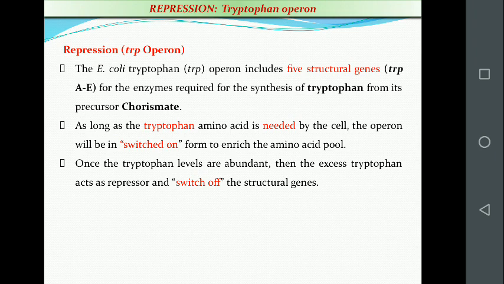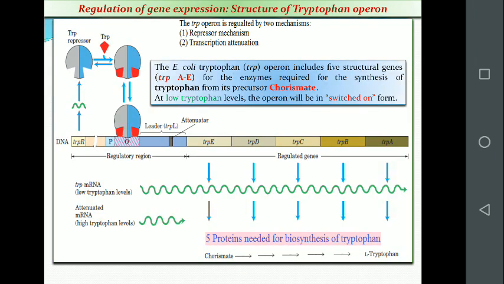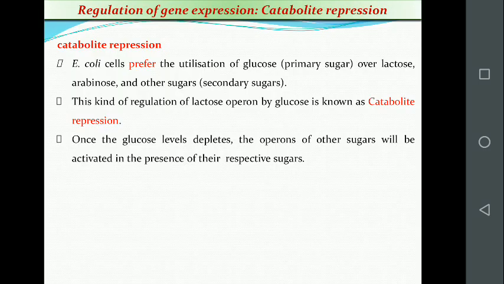One mechanism we have already studied in the previous video lesson, and the second expression regulation is the transcription attenuation process, which I am going to cover in the next video lesson. So let us skip this and enter into the next process, which is catabolite repression.